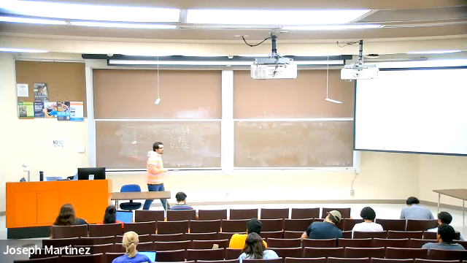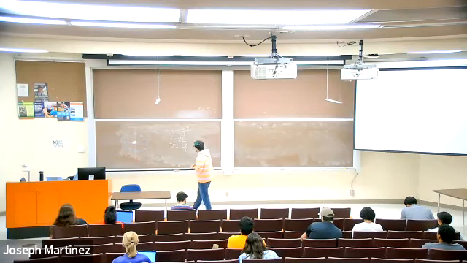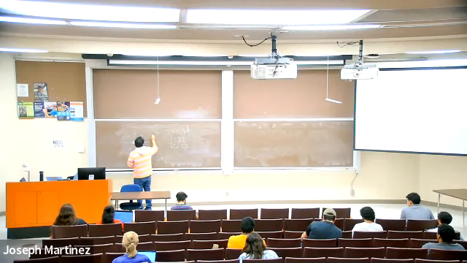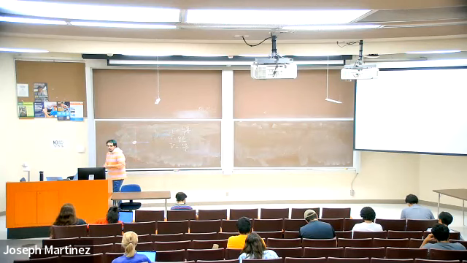And anywhere on this blue circle that I just drew, we get the same value of potential. We call this an equipotential. Equipotential means equal potential all around, right?